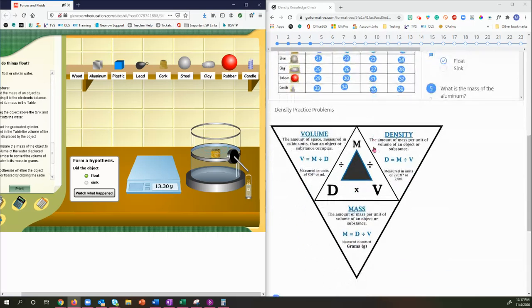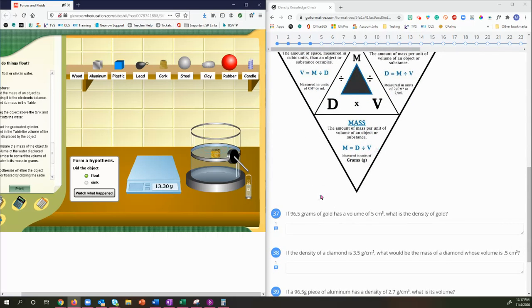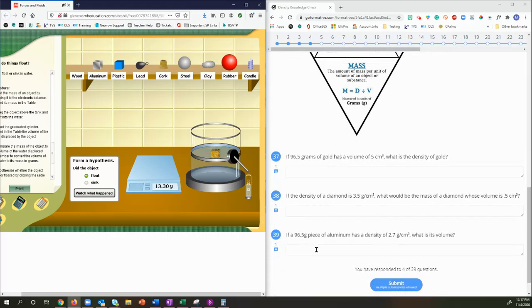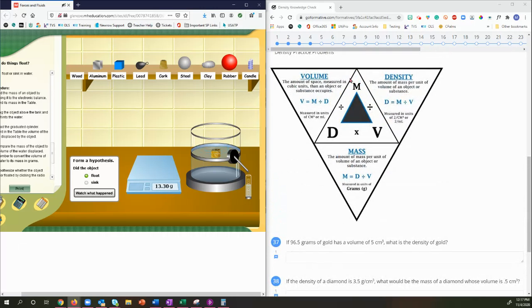If I continue to scroll down on my formative, I have 3 problems here to practice finding density, mass, and volume. These were 3 skills you did in IXL yesterday. Use this diagram up here to help you remember what operations you need to do. If I'm trying to find the mass, I need to multiply density times volume.